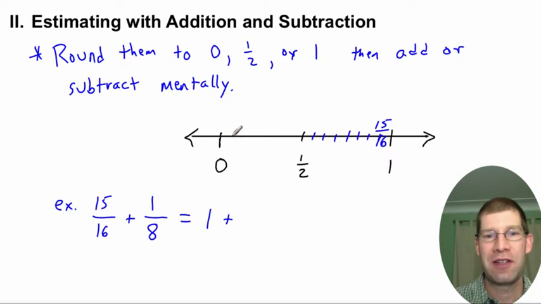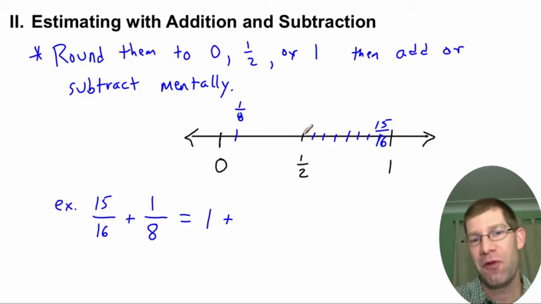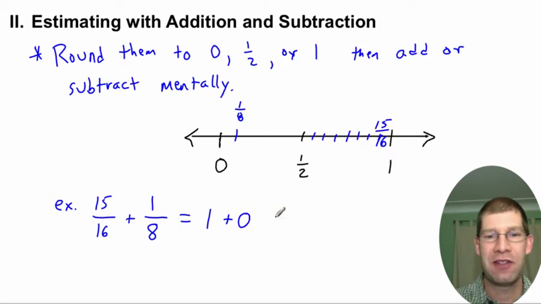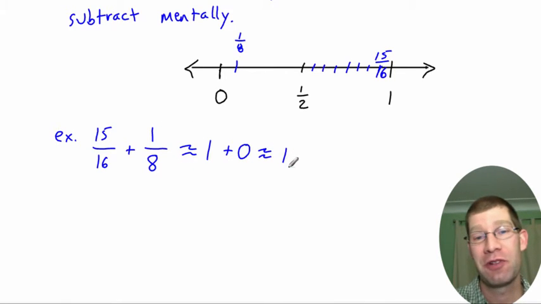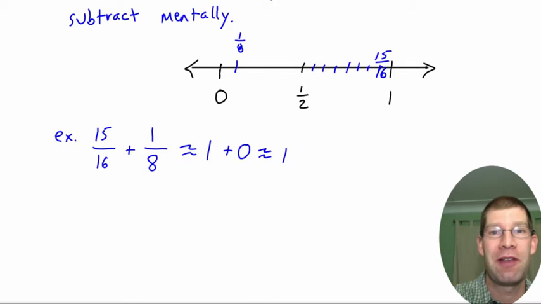So if you have 1/8, that's closest to 0, way closer to 0 than it would be to 1/2, which would be 4/8. So you just round that to 0, which then, instead of saying equals, I should do the approximately equals, the little squiggly equals. And it's going to be real close to 1. And if you'd thought through that before, you would have come up with your answer being 1 1/16. So we're actually really close to what we would have had right there.